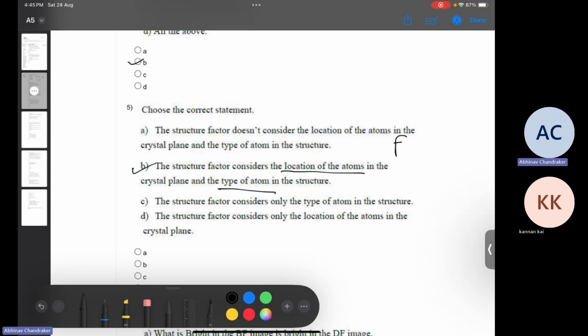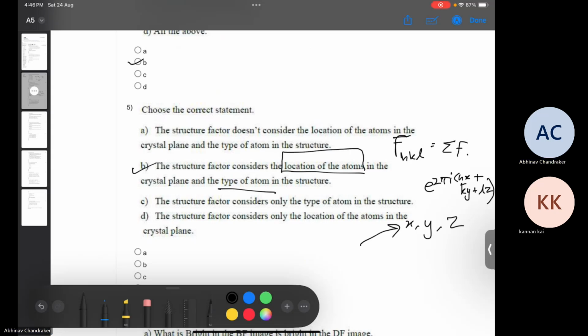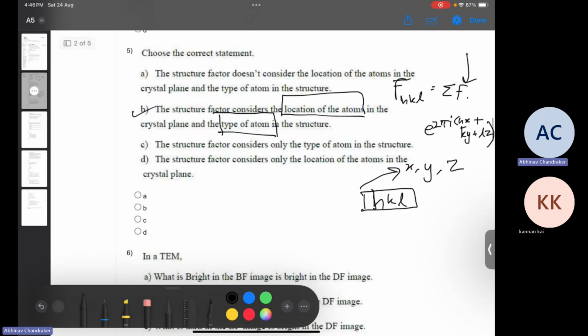So we know that in the structure factor equation, small f for a plane hkl is equal to sigma small f into e raised to 2 pi i into (hx plus ky plus lz), and x, y, z give information about the location of the atoms. hkl is about the concerned plane for which we are seeing the structure factor, that is the contribution to intensity, and then we also have small f which gives information related to the specific atom which is causing diffraction. So the type of atom is also covered. So your correct answer is B.